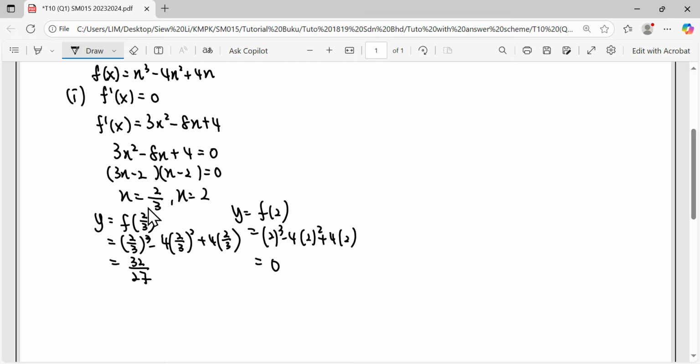Therefore, after we find our x value and y value, we put them in coordinate form: 2 over 3, 32 over 27, and another coordinate 2, 0.